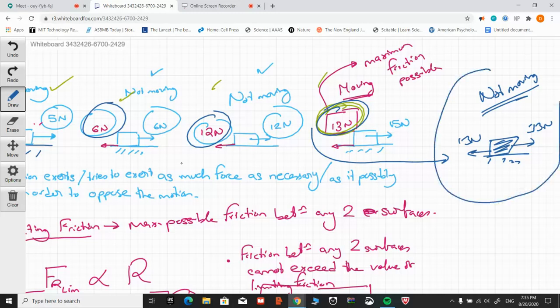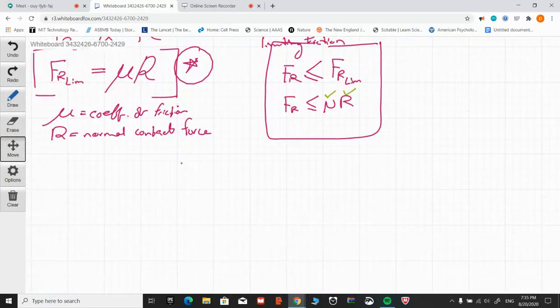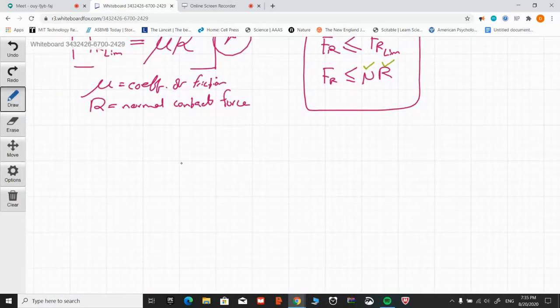This kind of situation has a special name, and we're going to discuss this. It's called limiting equilibrium. And what does this mean?